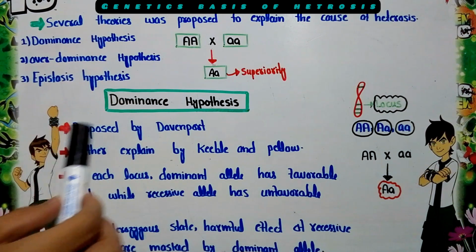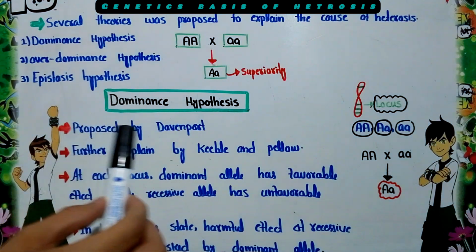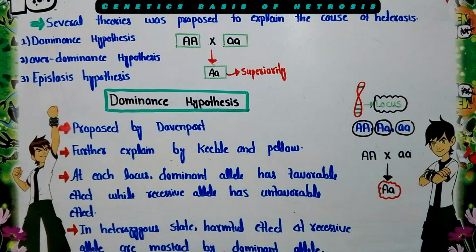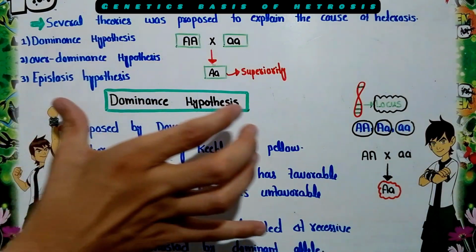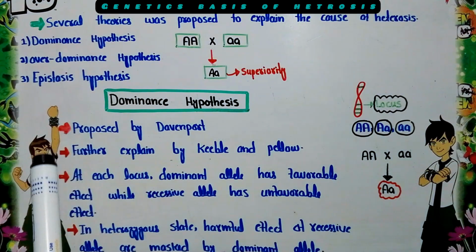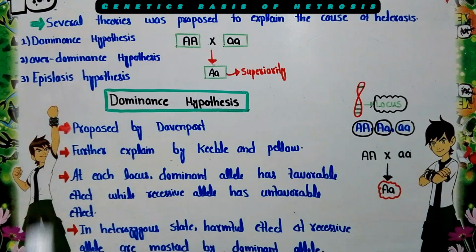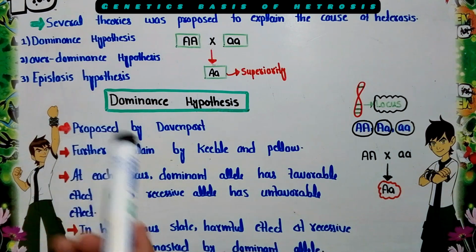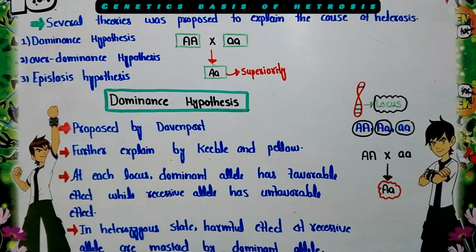This dominance hypothesis was proposed by Davenport, and it was further explained and advanced by Keeble and Pellew. What is the statement of the dominance hypothesis? It says that at each locus, the position of the gene on the chromosome, the dominant allele has a favorable or beneficial effect and controls the beneficial characters, while the recessive allele has an unfavorable effect and is responsible for the expression of harmful characters.